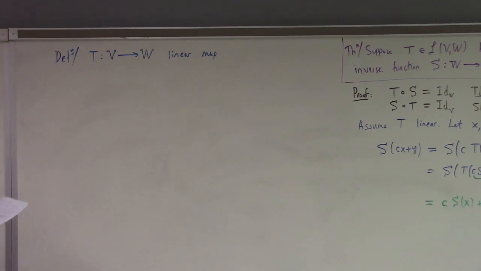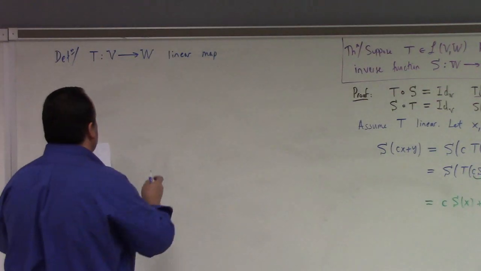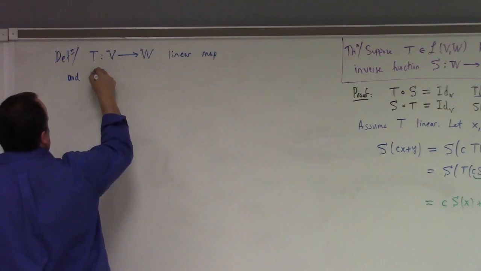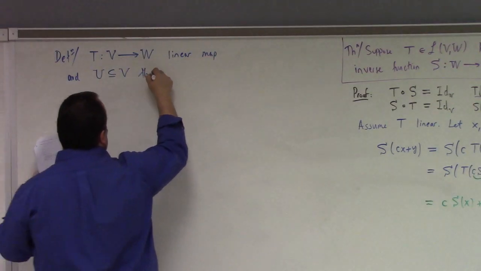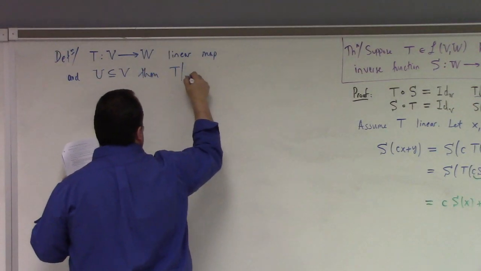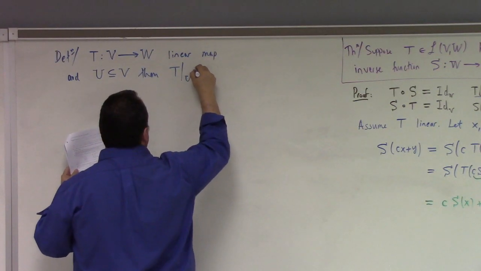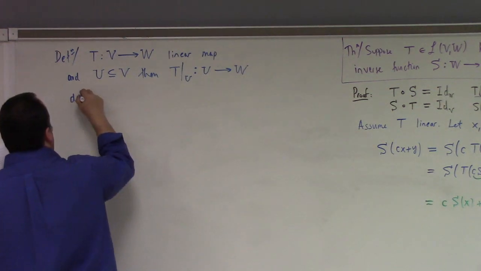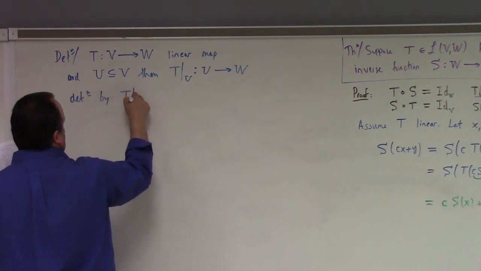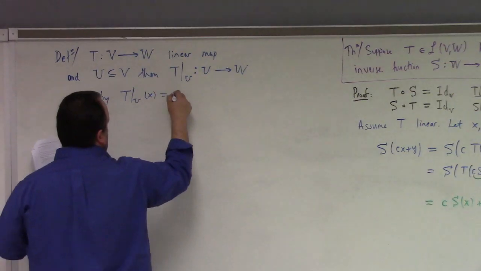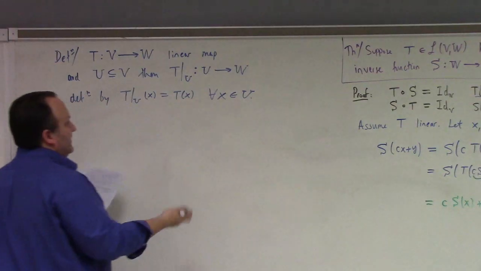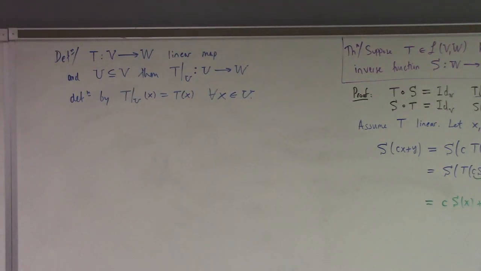All right. First thing is, if T is a linear map, and U is a subset of V, then T restricted to U is a mapping from U to W defined by T restricted to U of x is simply equal to T of x for all x in U. So the restriction simply takes the given function and throws out the domain and replaces it perhaps with a smaller one.